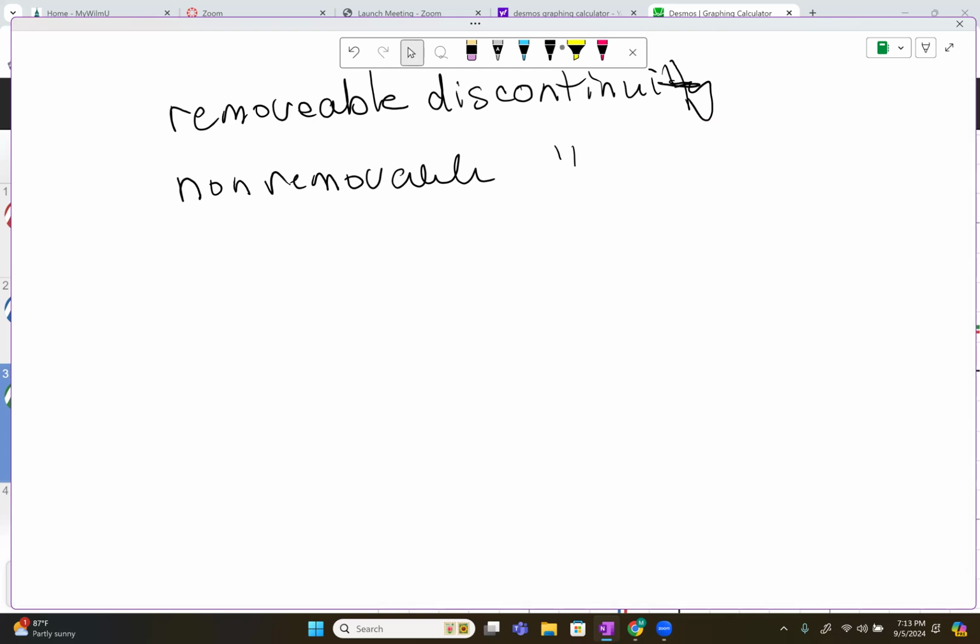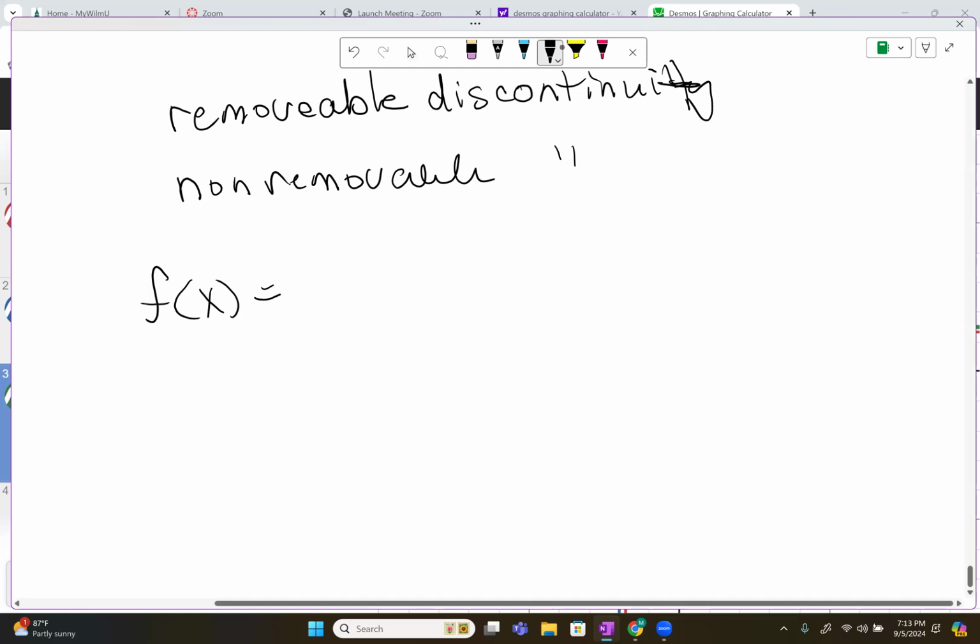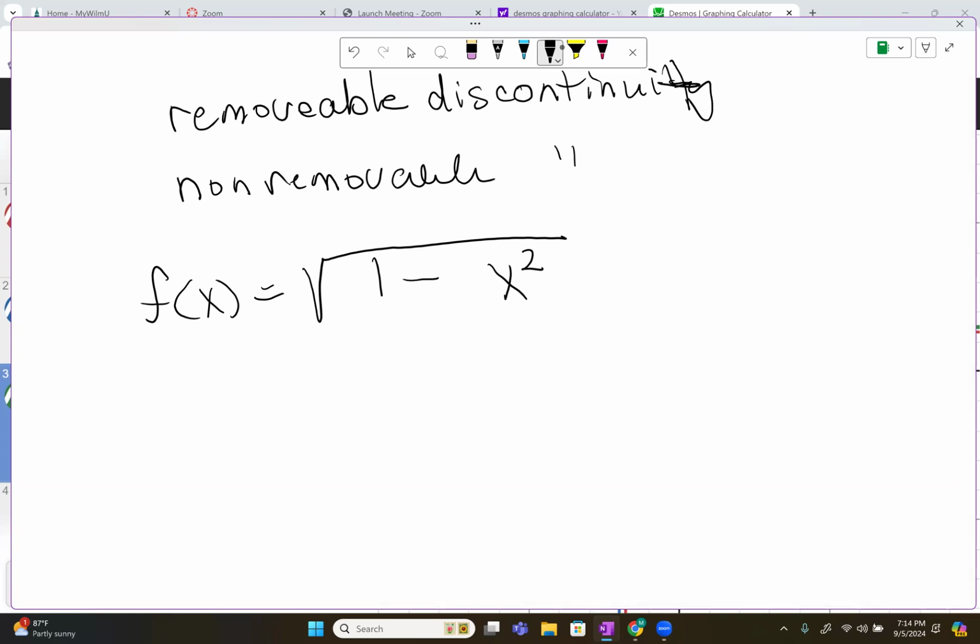So let's do, if you do f of x is equal to the square root of 1 minus x squared. In this case, you would say that this is continuous.